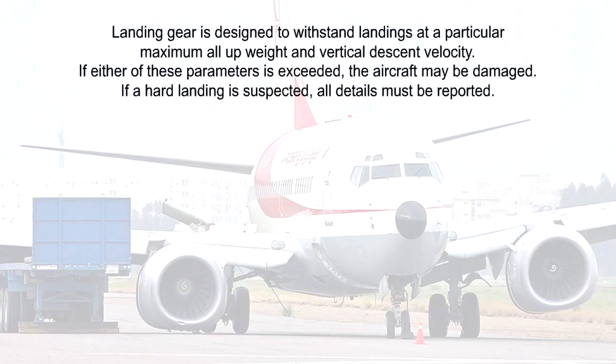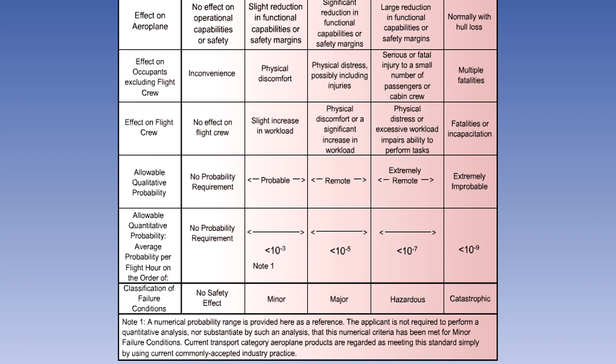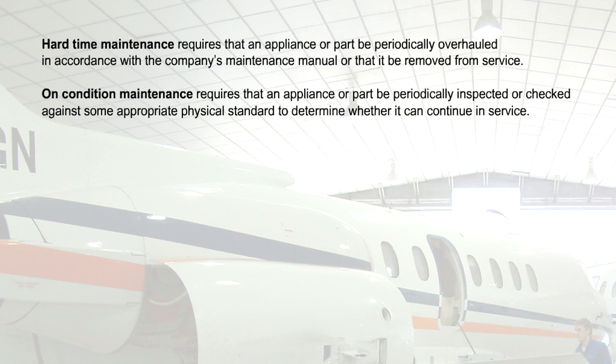You should understand the effects of a hard landing. And you should have a good knowledge of what constitutes a fail-safe aircraft design. Finally, you should understand the difference between hard time and on-condition maintenance.